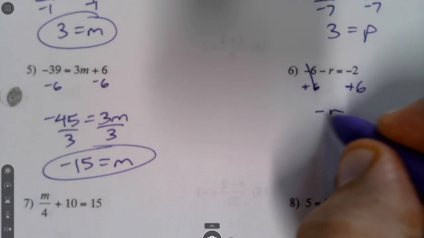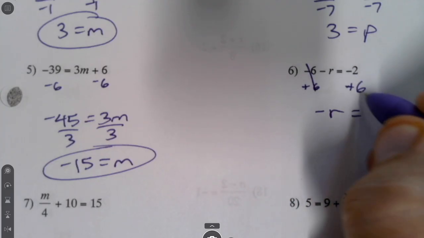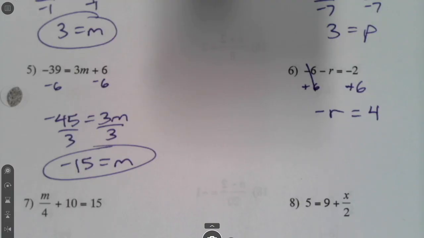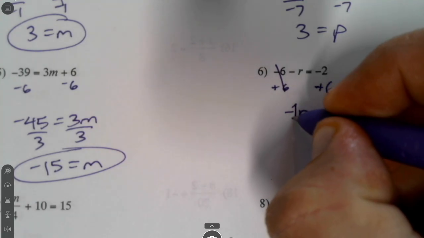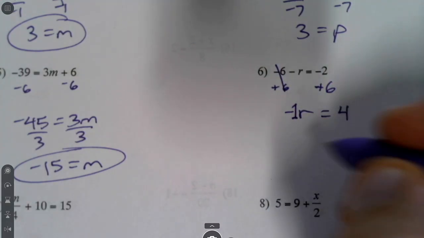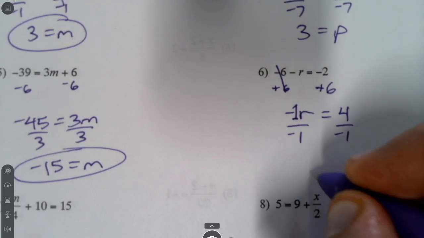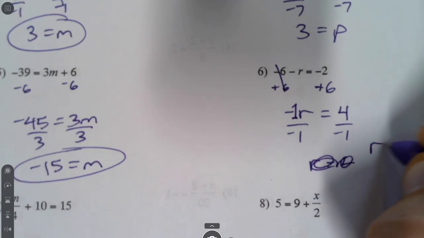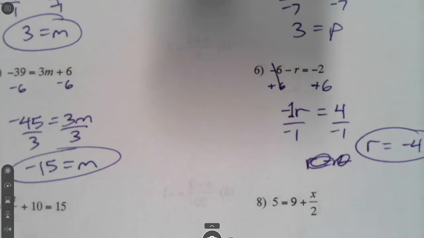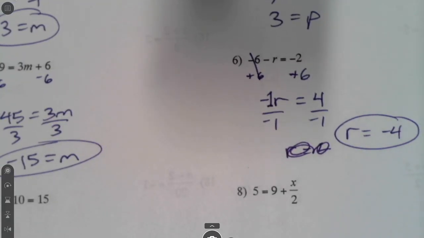That minus sign stays with the r as a negative sign. -2 plus 6 is 4. And just like back in number 3, this negative really represents a -1 coefficient that we have to eliminate. So we divide both sides by -1 and get r equals -4, because positive 4 divided by -1 is -4.